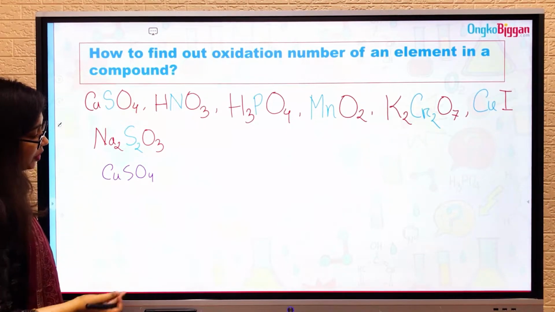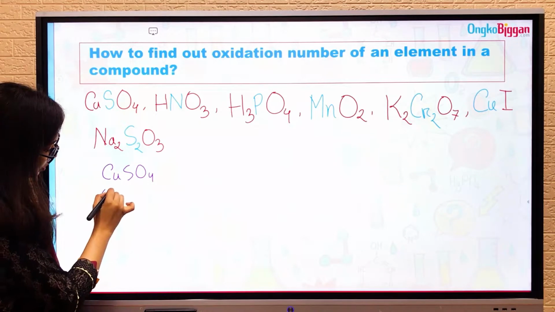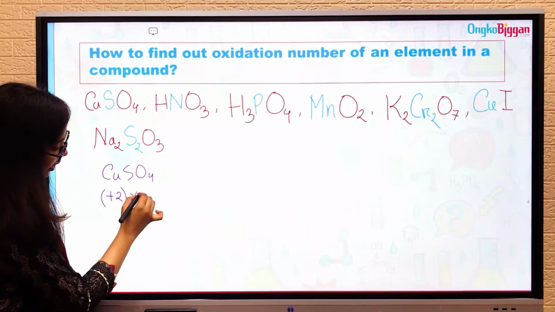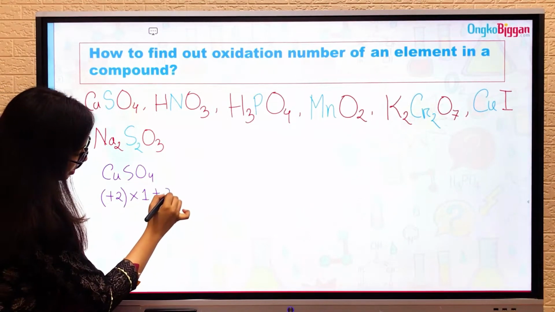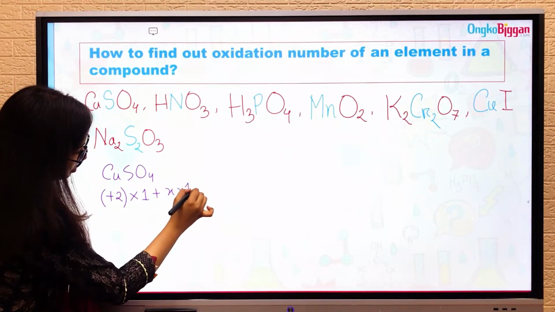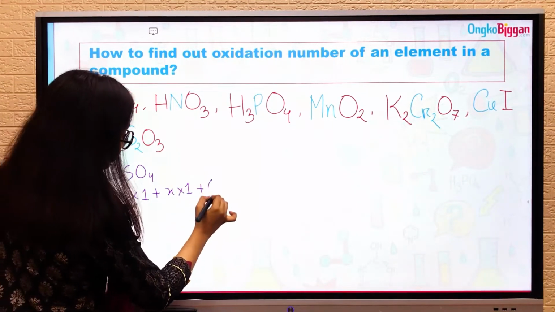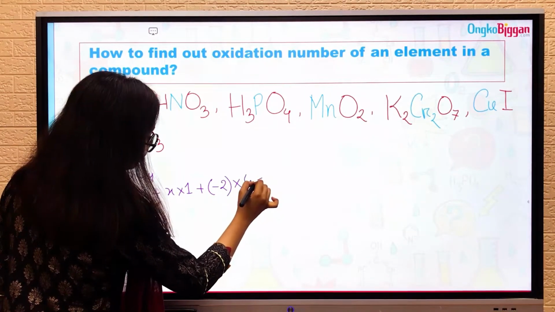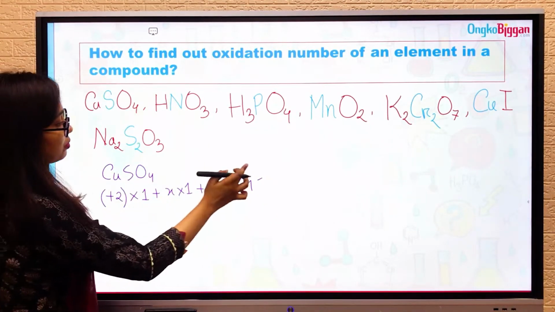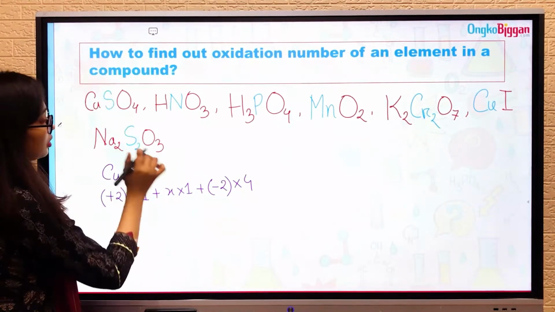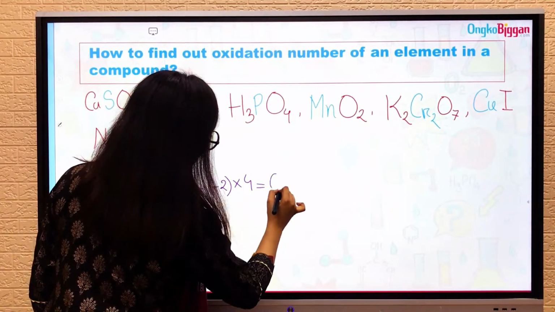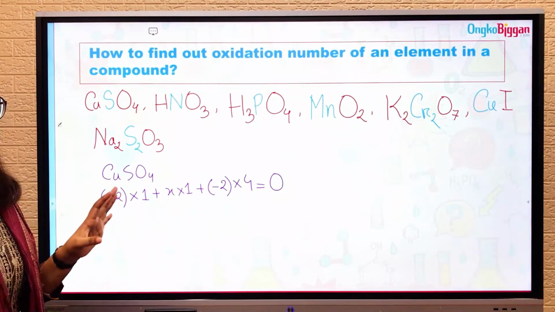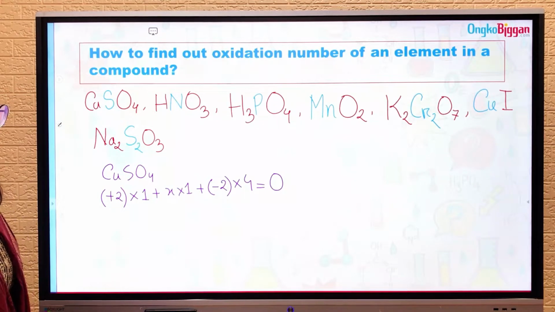So let's write down +2 multiplied by 1, plus X multiplied by 1, plus -2 multiplied by 4, equals 0. And why does it equal 0? Because this is a compound and the compound's net charge is always 0, right?